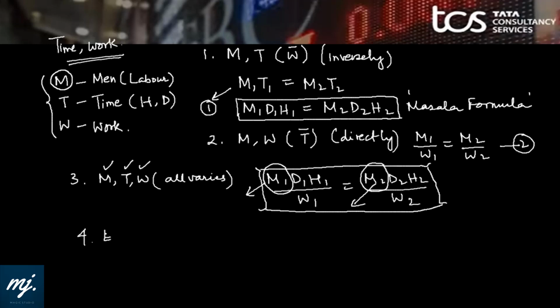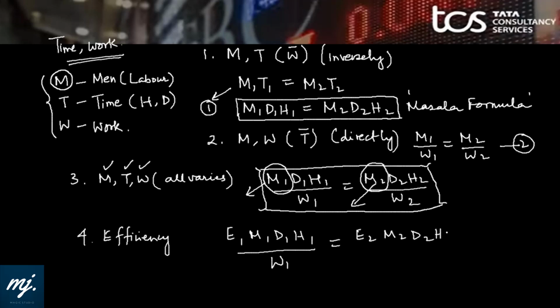So whenever efficiency also comes into the picture, we need to multiply both sides with their efficiency ratios. That means the entire formula will look like E1 M1 D1 H1 by W1 equals E2 M2 D2 H2 by W2.